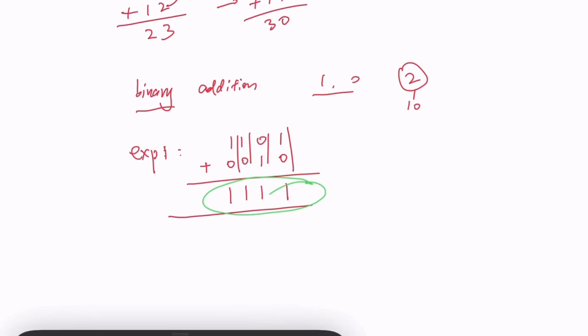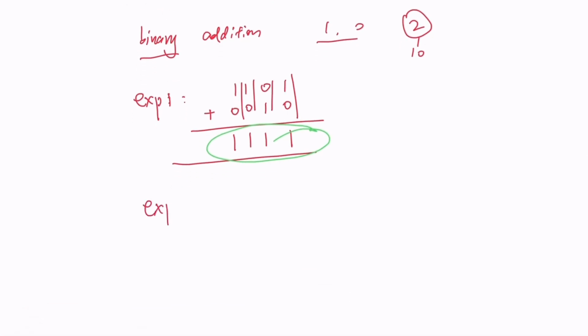Let's look at another one. Say we have 1, 1, 0, 1 plus 1, 0, 0, 1. Now, from right to left, it's 1 plus 1 here. We get a 2. So every time we have 2, it's 1, 0.